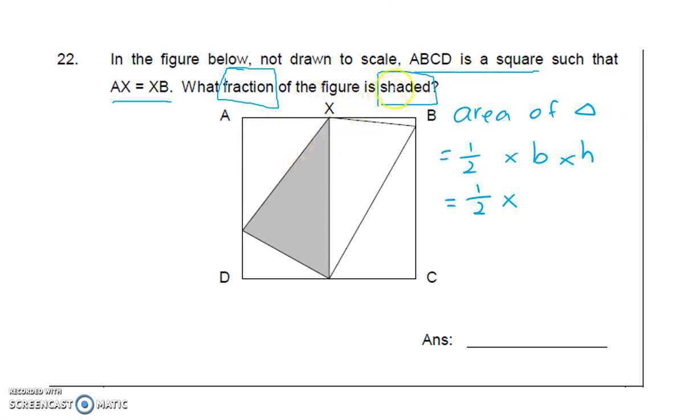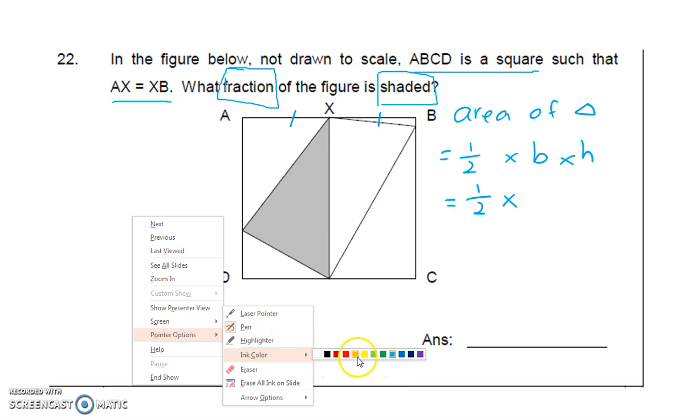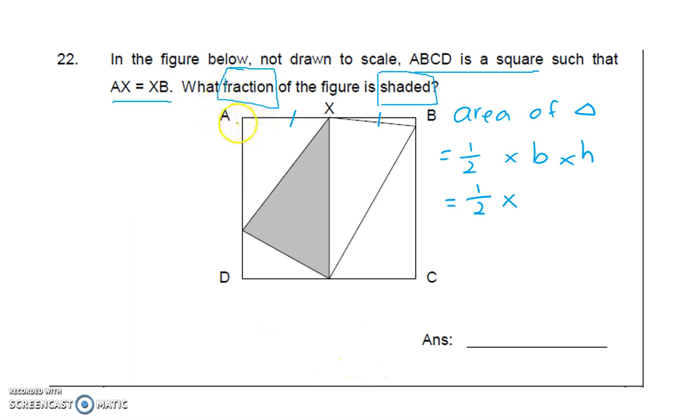Okay, this is the information given to us. ABCD is actually a square, so which means all the sides are the same. AX is equals to XB, so that means these two sides are the same length. Okay, let me change color for the pen so you can see better. I can say that if AX is 1 unit, that means XB is also 1 unit because they are the same, am I right?